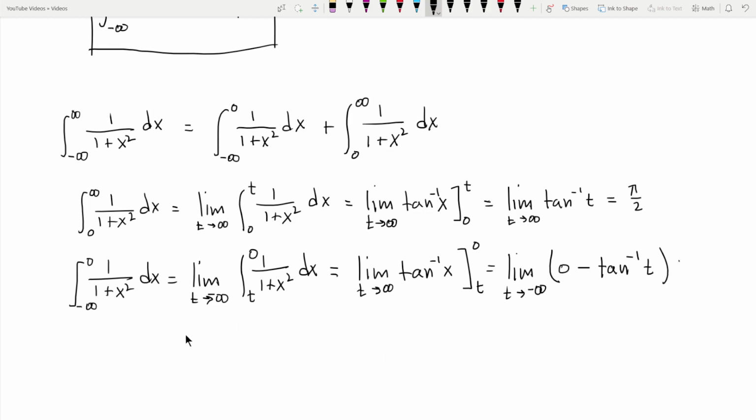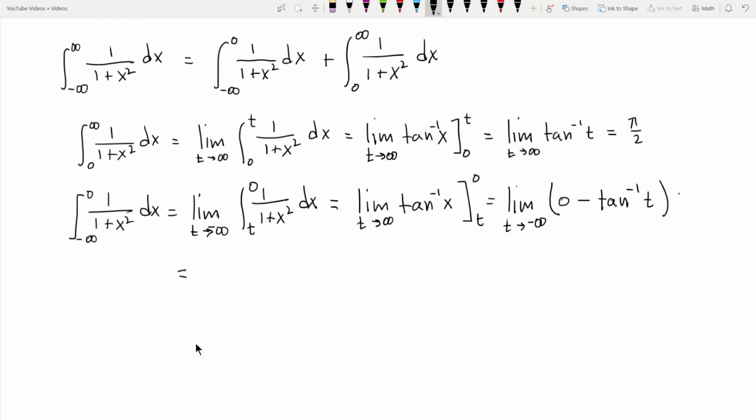I don't have quite enough room there, so let's come back here. As t approaches negative infinity, the inverse tangent approaches negative pi over 2. So we end up with 0 minus a negative pi over 2, which is going to be pi over 2.